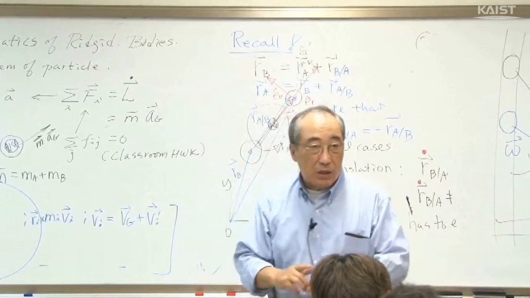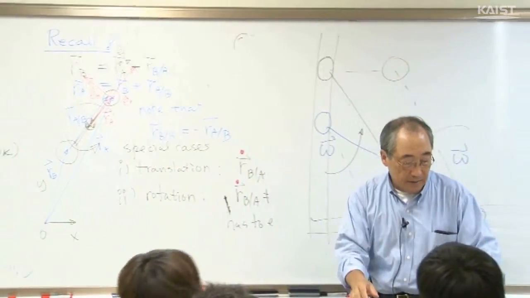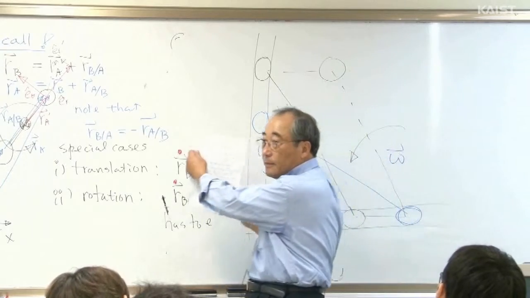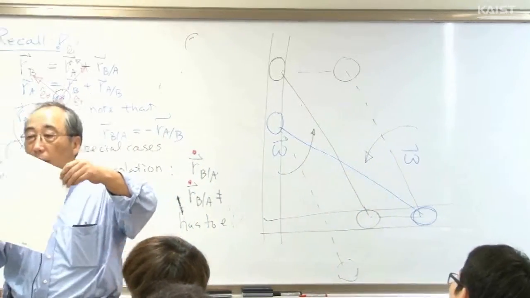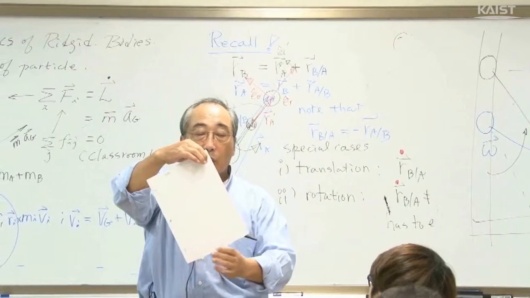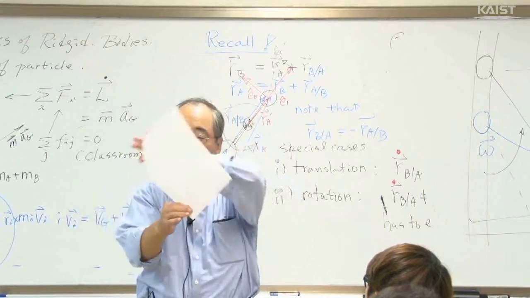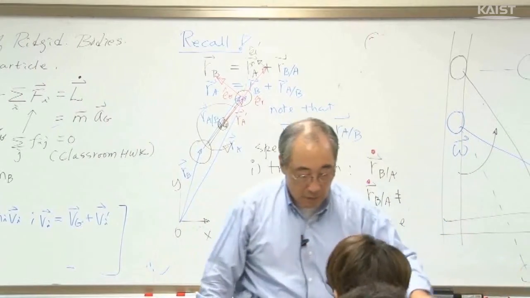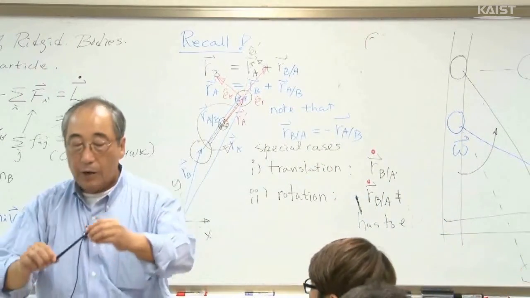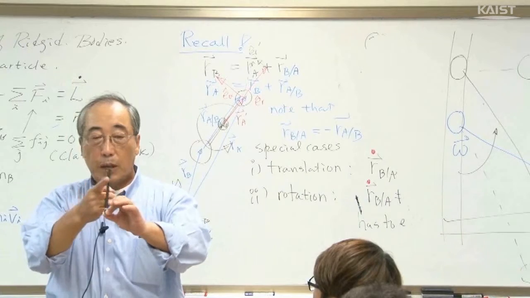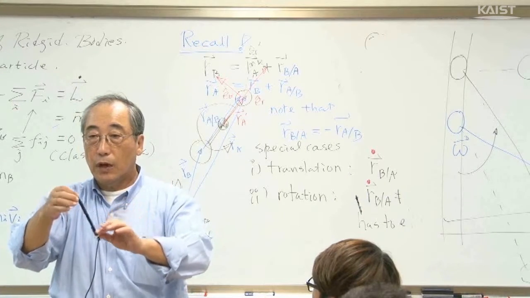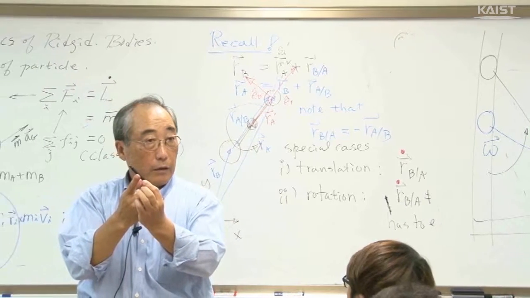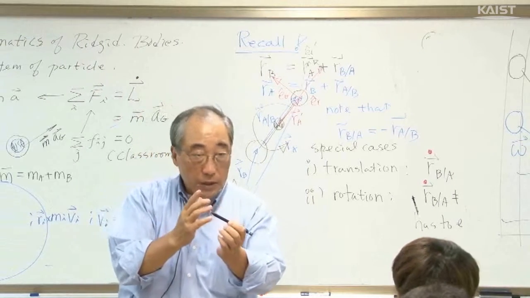That means the omega vector on this plane is the same whether I rotate this or I rotate that. It's the same whether I rotate with respect to that or with respect to that. Now you can see that, right?